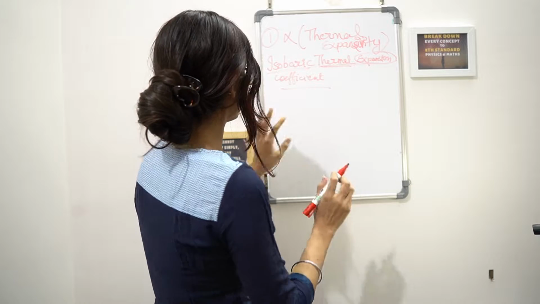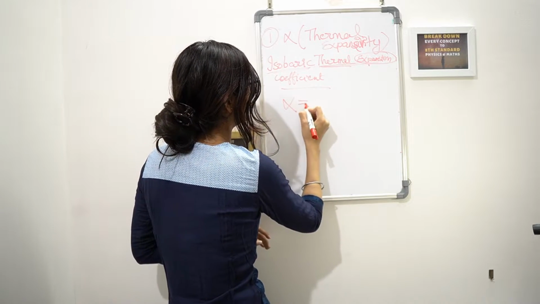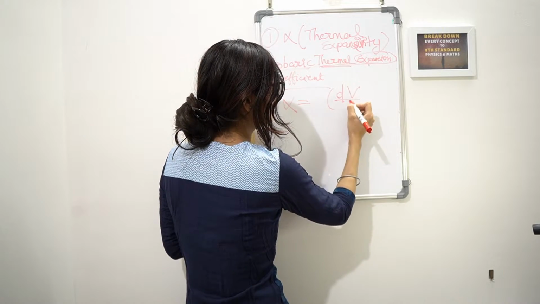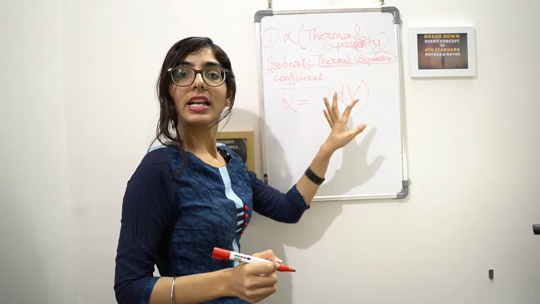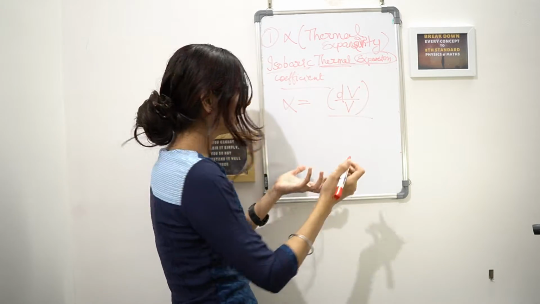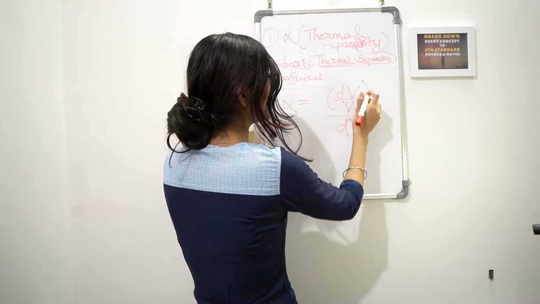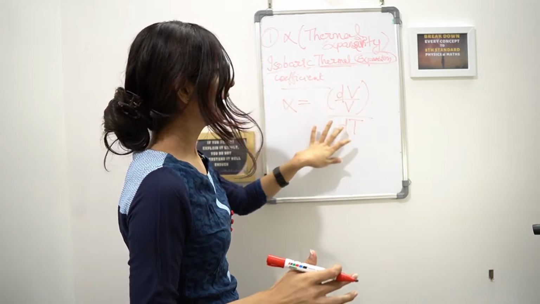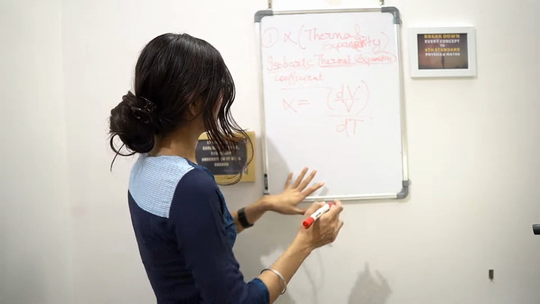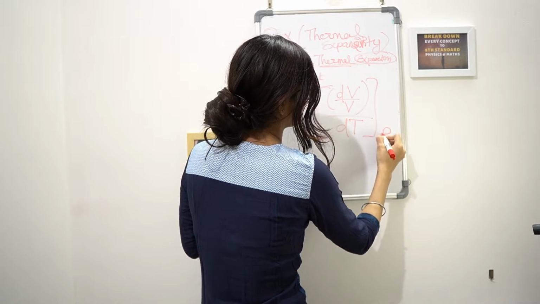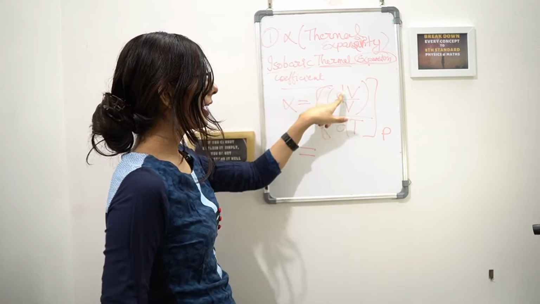So how will we write it? Alpha would be the relative change dV by V. We always write relative change as dV by V, divided by what? I am giving heat, temperature, then only change in volume is taking place. So relative volume change divided by temperature, at constant pressure.